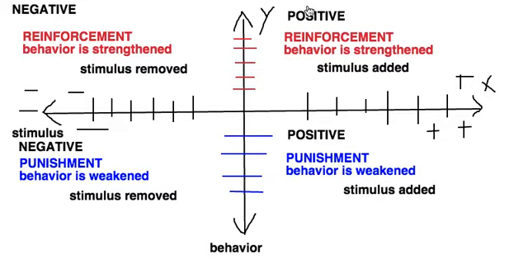Well, remember, positive means to just add something. How are they going to get you to clean more? By adding something. Typically, a pleasant stimulus is added. So your parents might reinforce the behavior of cleaning by just adding more money to your allowance. Okay, so positive reinforcement strengthens behavior by adding a consequence.